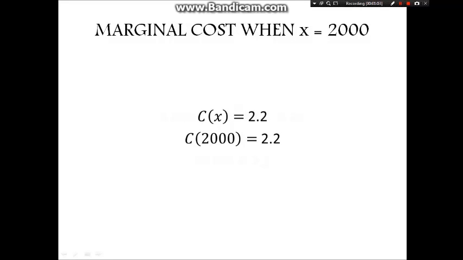Marginal cost when x equals 2,000. We now know that C prime of x is equal to 2.2. Substitute x to 2,000, and we get the answer, which will still be equal to 2.2.